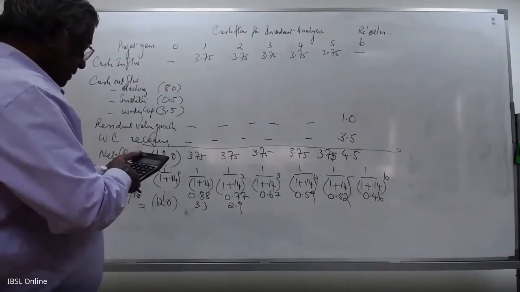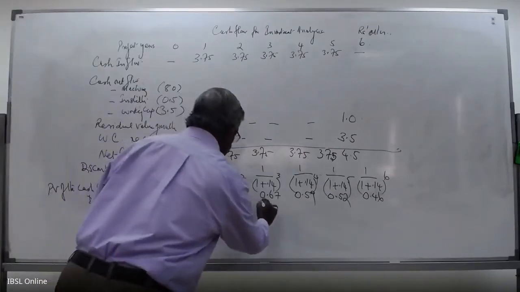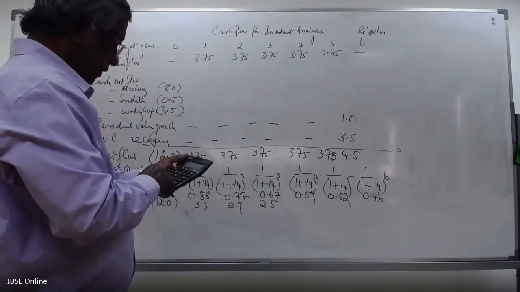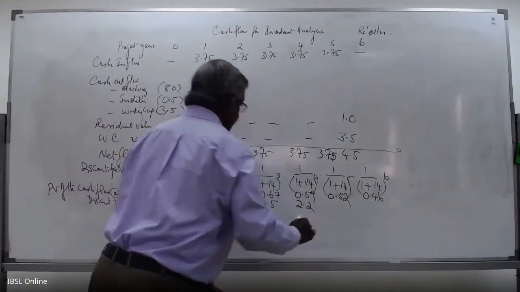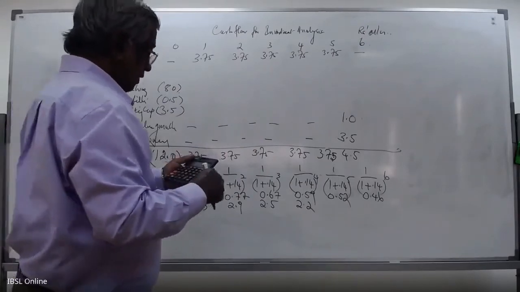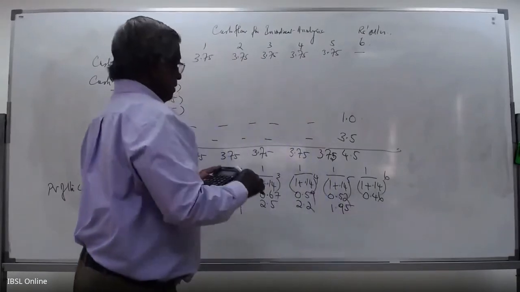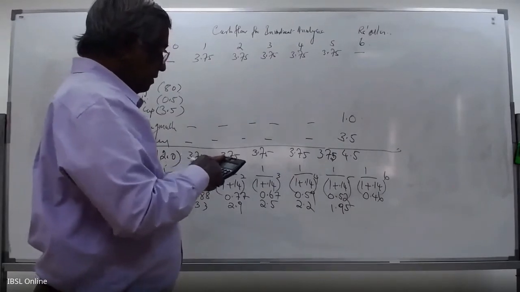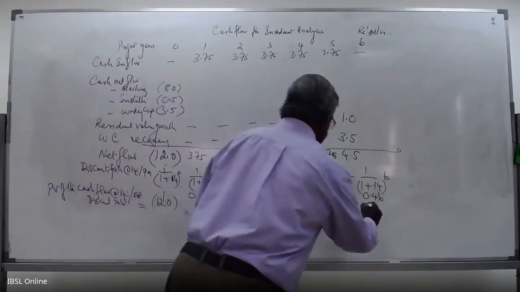Then 0.67, 2.5, then 0.59, 2.2, then 0.52, 1.95, then 4.5 multiplied by 0.46, 2.07.